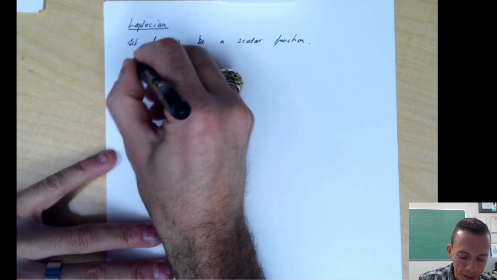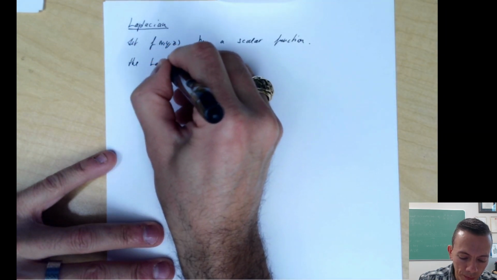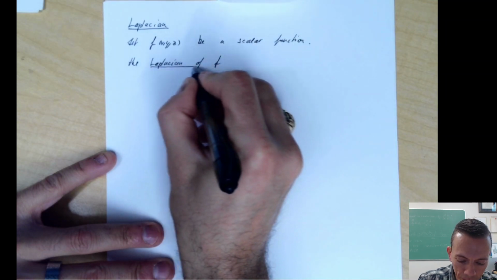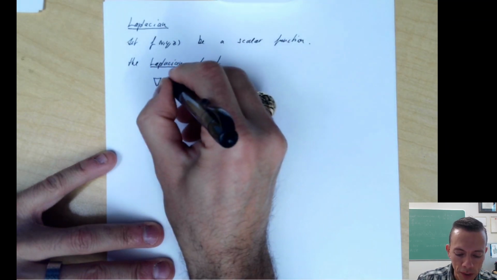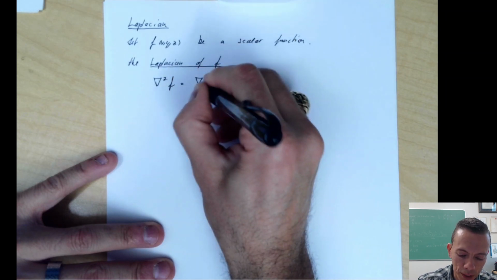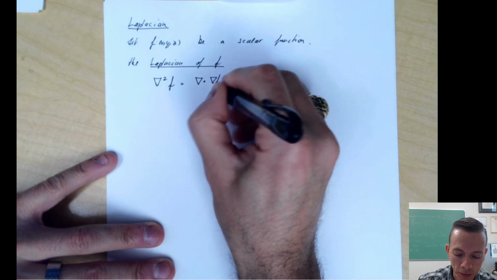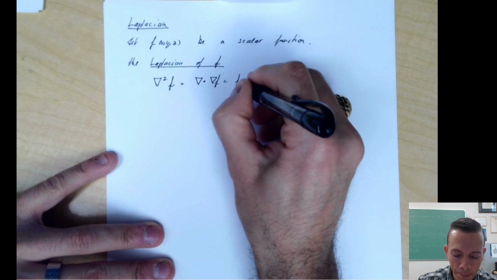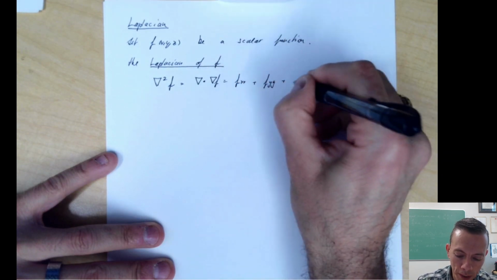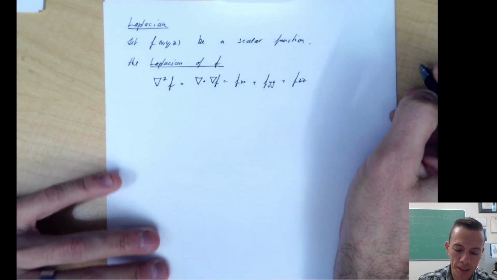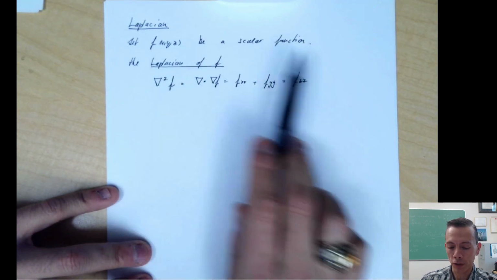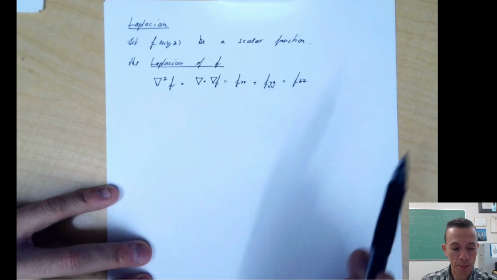So the Laplacian of f, as we saw a minute ago, is the nabla squared f, which is the divergence of the gradient of f, fxx plus fyy plus fzz. If this is a two-dimensional vector field, then you would only have fxx plus fyy.